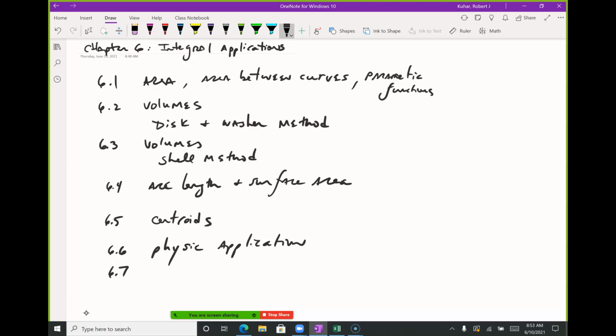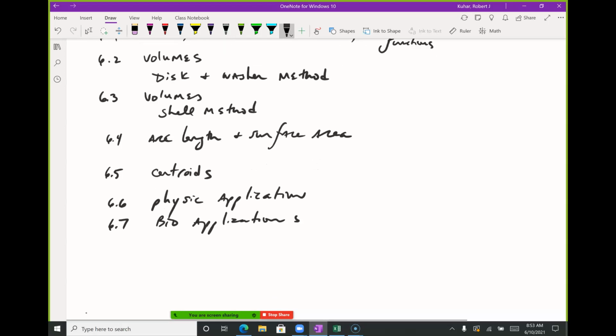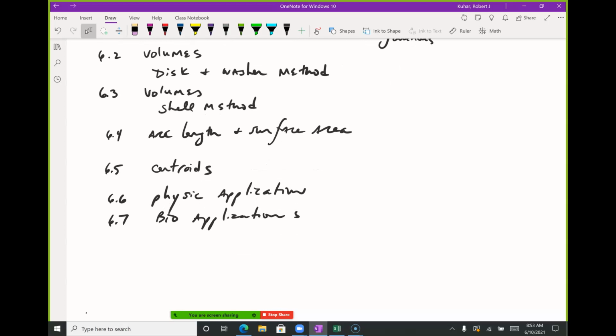6.7 is bio. I might have these wrong. 6.7 is also finance. Believe it or not, there's applications of integrals that are used in money. And then 6.8 is the probability. So the math majors will do that one. Surely you have computer science and math majors doing that one.